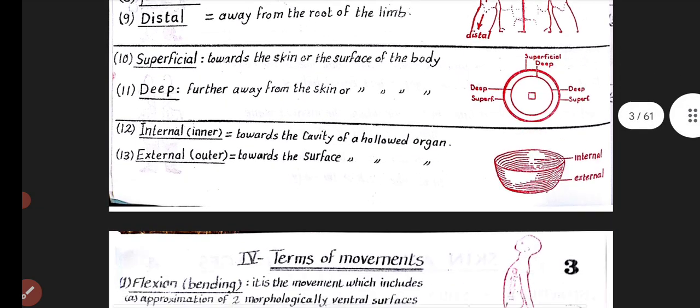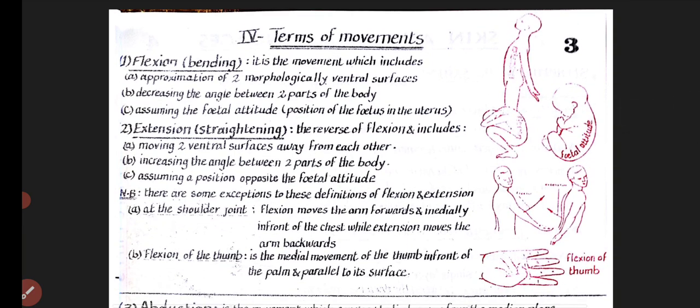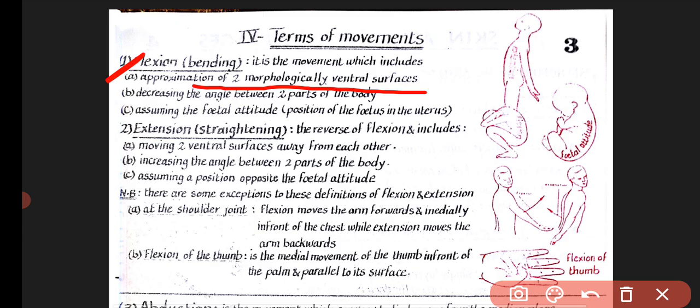Next portion is known as the terms of movement. It also falls in anatomy and exercise therapy, just like the other terminology. The flexion movement: it is the movement which involves approximation of two ventral surfaces by decreasing the angle between the two parts.